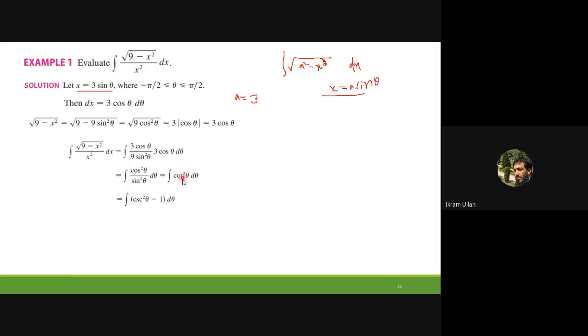So using this identity, cotangent square theta is equal to cosecant square theta minus 1. So instead of cotangent square theta, put here cosecant square theta minus 1 d theta.